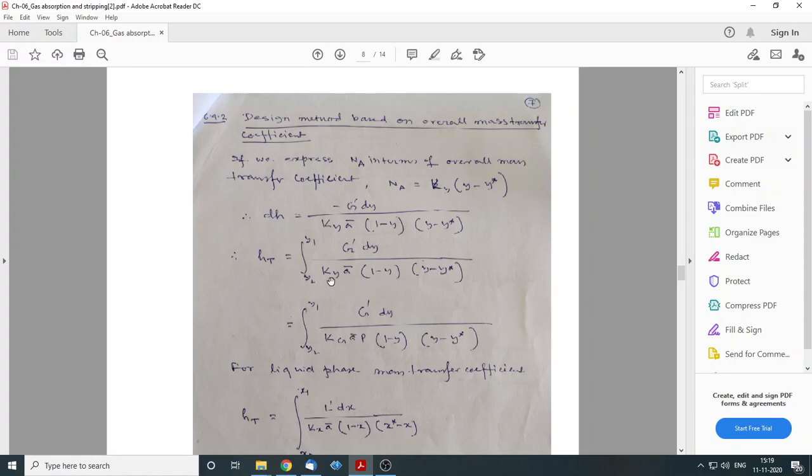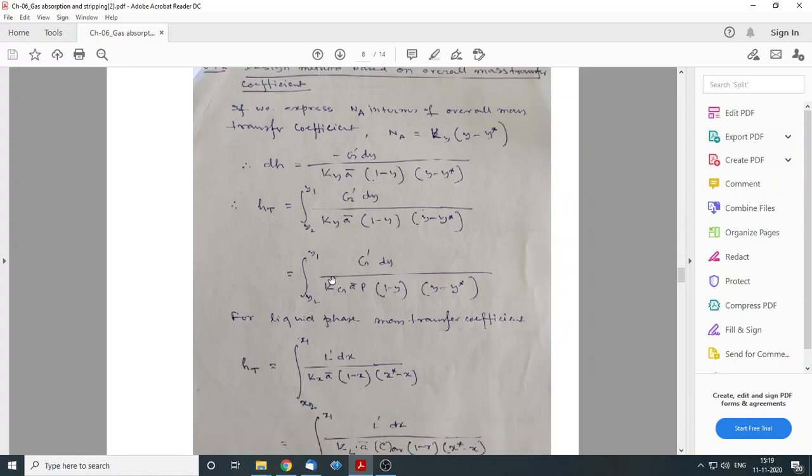So if I express it in terms of the overall mass transfer coefficient, only the driving force part will change, and this part will change. And if you take this in terms of ky to kg, then only the pressure term will change.